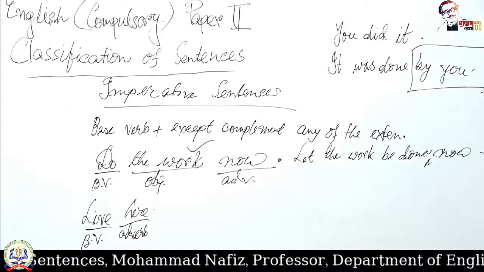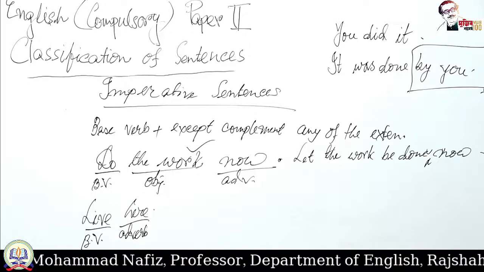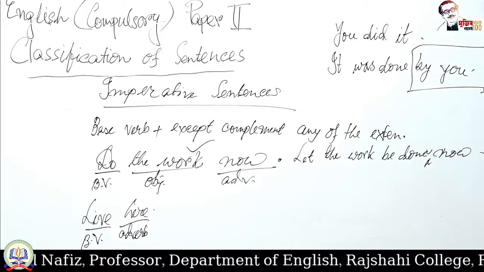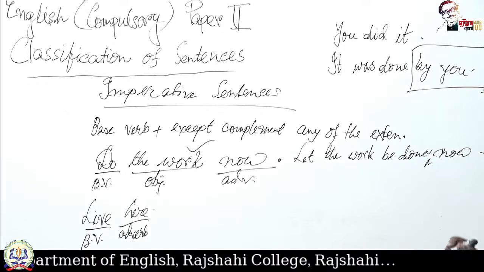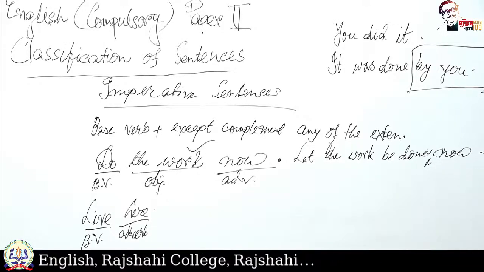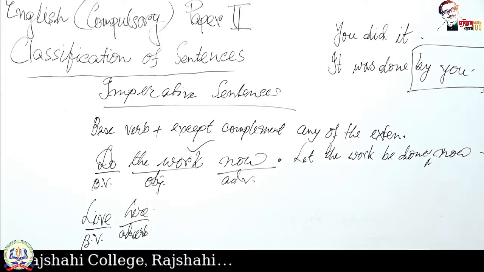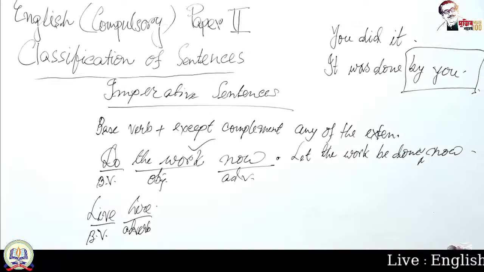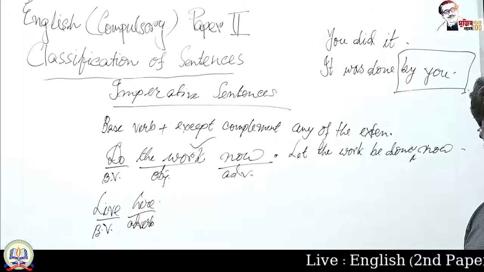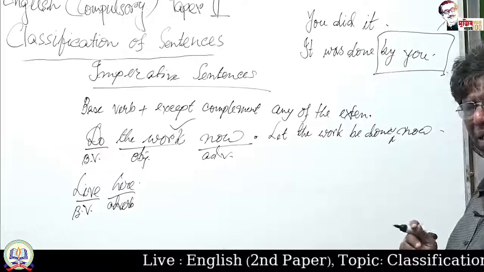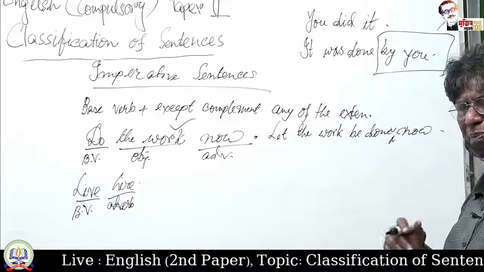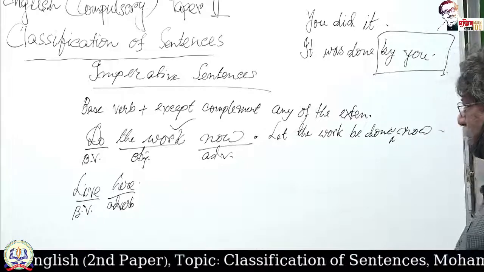For example, we are advised in our school days to use the phrase by you after the finite verb in the passive form of an imperative sentence. But modern sentence structures show that the use of by you in the passive form of an imperative sentence is unnecessary.